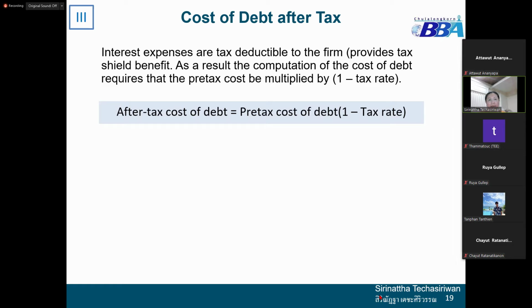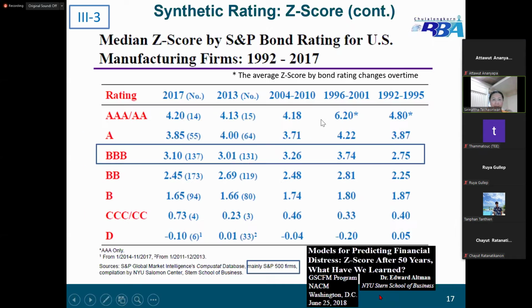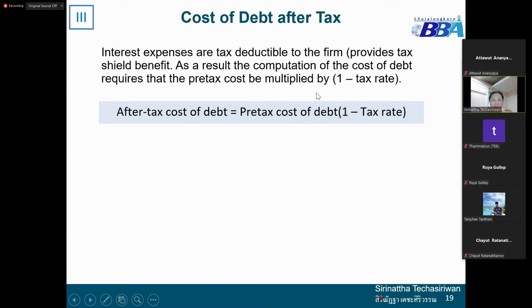You plug each of the component costs, cost of equity and cost of debt, into the model to estimate the weighted average cost of capital. The cost of debt must be the cost of debt after tax. Based on what we learned, the cost of debt is pre-tax, so you must multiply it by 1 minus the tax rate to come up with the cost of debt after tax.